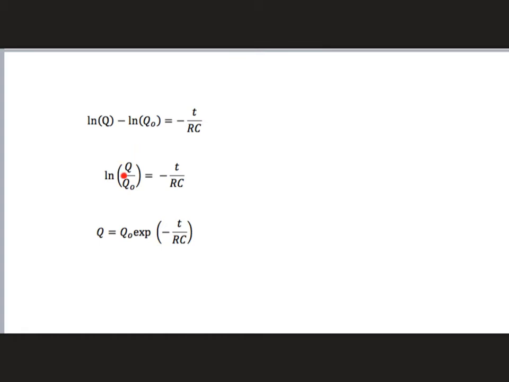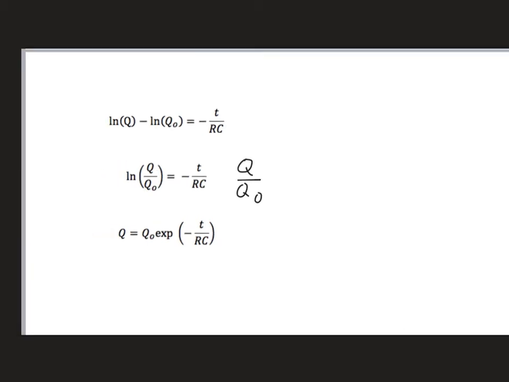So in order to get Q by itself, we need to get rid of that logarithm. And so to get rid of the natural log, you simply take the exponential of both sides, and you'll end up with Q over Q naught equals e to the minus t over RC.